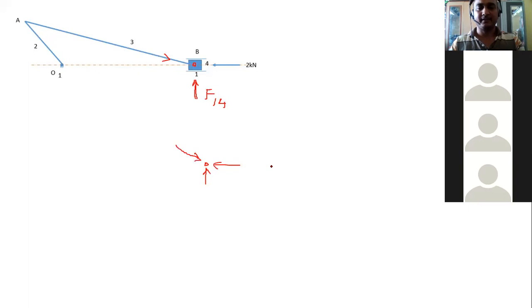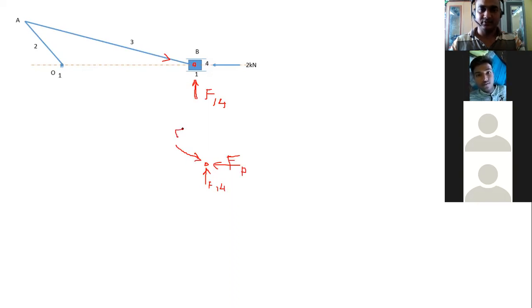So only three forces are there: the piston effort, the force along the connecting rod, and the force perpendicular to the line of stroke of the piston. Then you can give the names. This is your F14, this is FP, the piston effort, and as you are giving this direction, 3 on 4, you write F34 here.